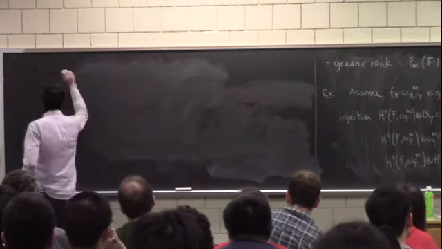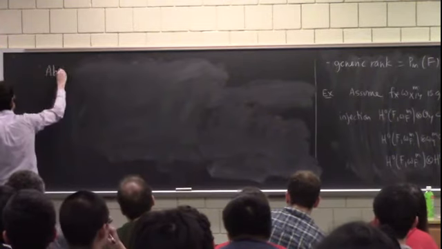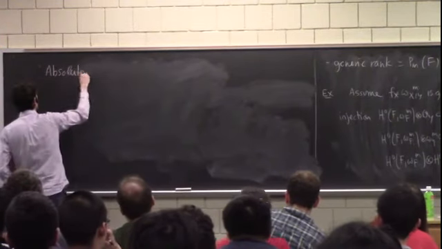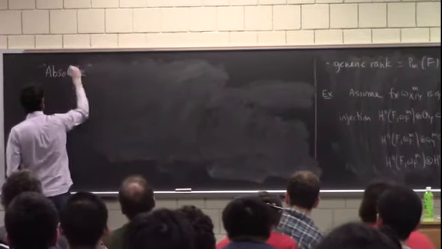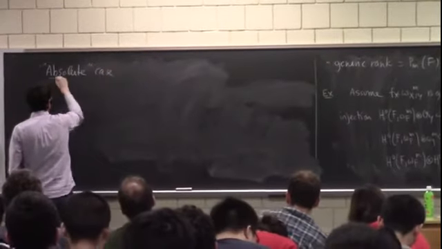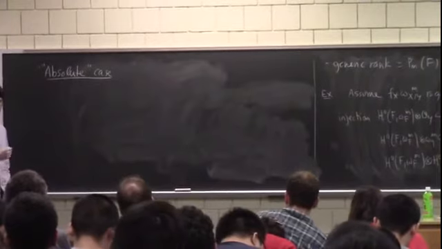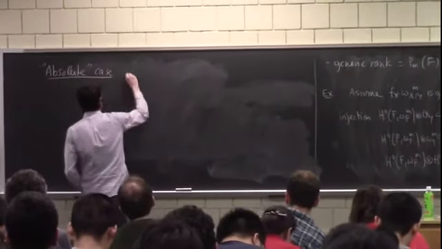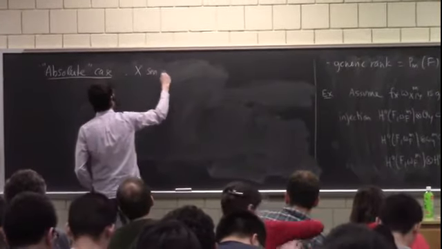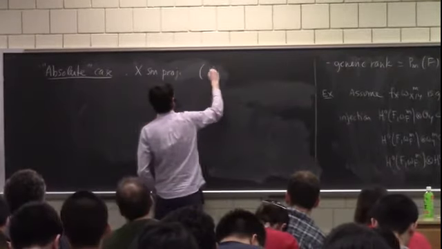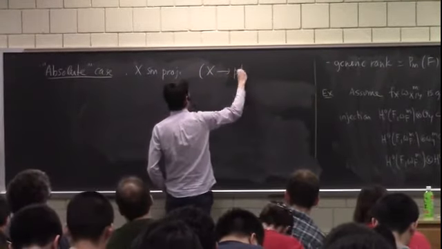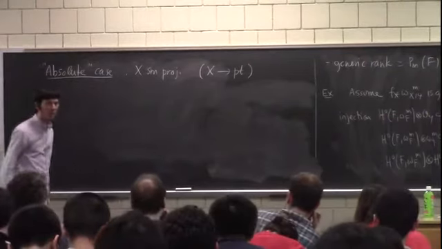Okay, so let me start talking about this construction in what you might call the absolute case. By the absolute case, I mean that I just have a smooth projective variety and I don't have a map. So just X is smooth projective, and if you're functorially minded, I'm thinking of the case where X just maps to a point.